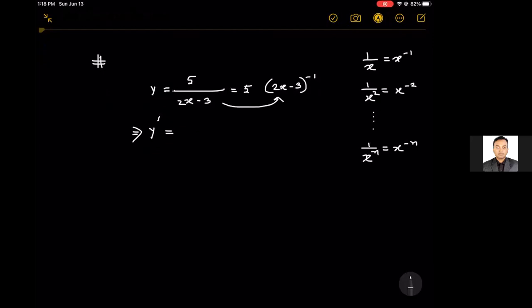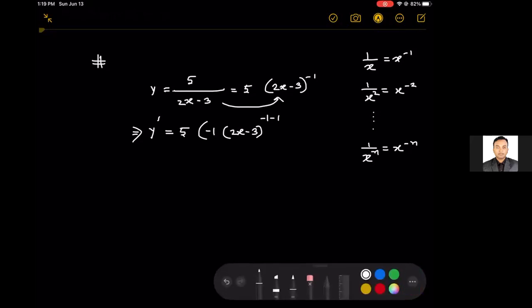Okay, and now if I find the derivative of 5 times 2x minus 3, the quantity inverse, you can imagine I can keep the constant outside using the constant function law, and for the derivative of this, the exponent will come in front and we'll have 1 less in the power, so it's negative 1, negative 2.